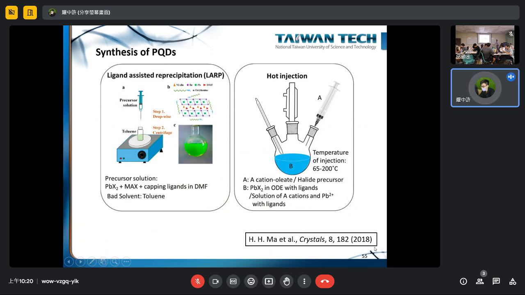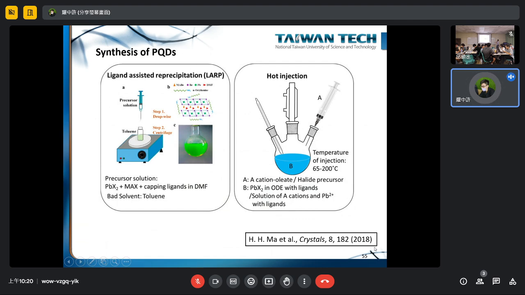For example, if you have a positive atom here, you will attach to the atom and prevent it from growing bigger. So first of all, we try to dissolve all our precursor into the solvent, and after you mix them together, you heat it to a certain temperature, and then it totally dissolves, right?